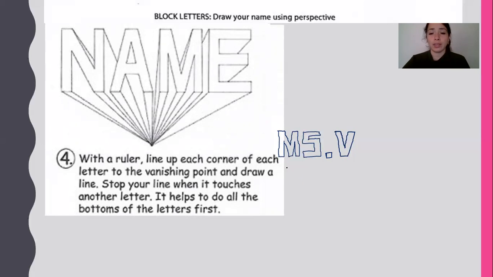So what they mean by that is, using my name, I'm gonna find the middle of it. The middle is right about here. And then I'm gonna take each corner and connect it. So I'm gonna take this corner, connect it. This one, connect it.